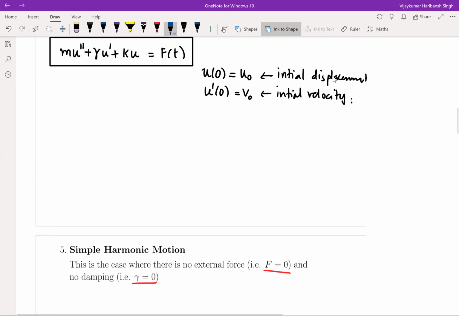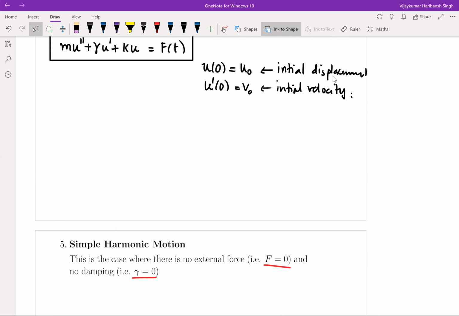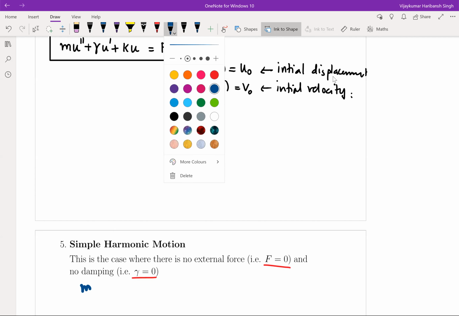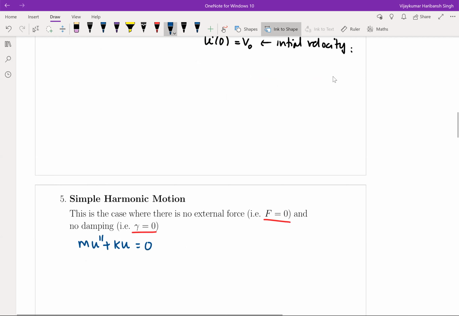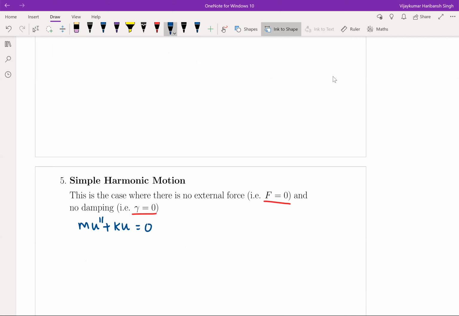So how does your differential equation become? Let me just rewrite the same thing from the top. I will get m u double prime, with gamma 0, plus k u equals 0. Now we want to solve this. Note that m and k are constants.